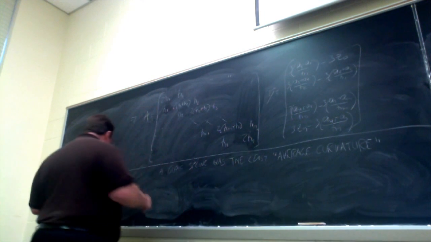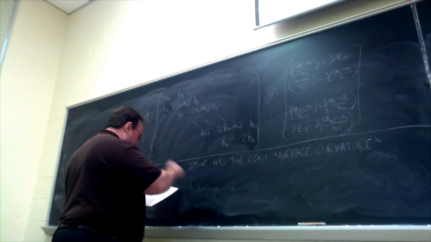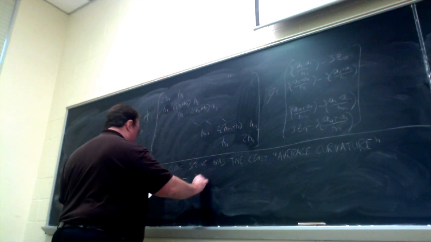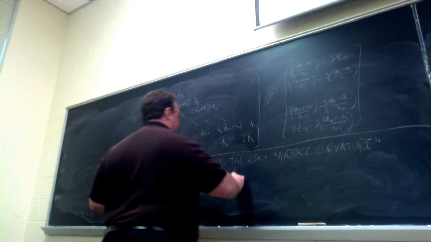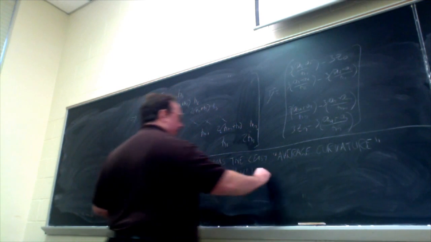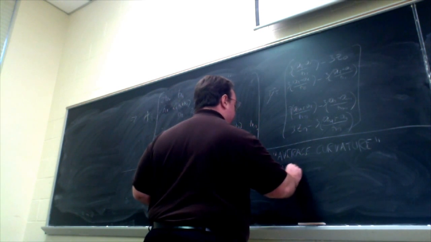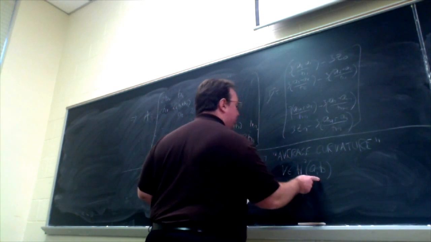What I mean by that specifically is that the 2 norm of S double prime is less than or equal to the 2 norm of V double prime, where V is any function in the Sobolev space H2 of AB.